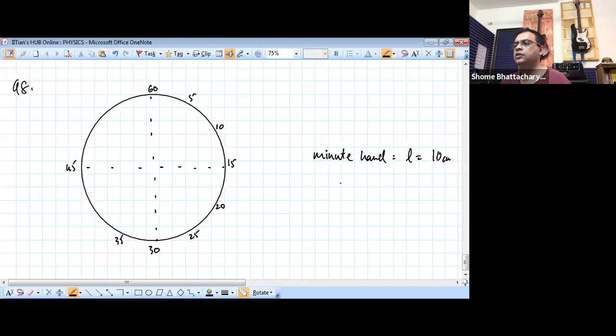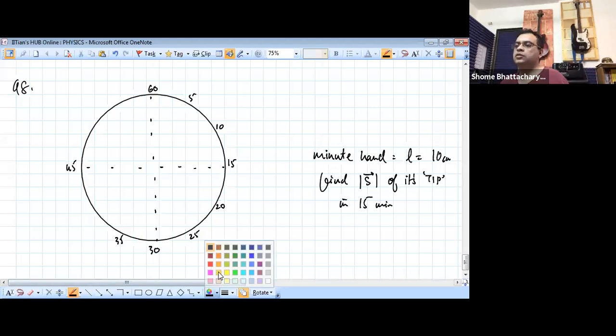We have to find the displacement of its tip, the magnitude of the displacement of its tip in 15 minutes. Okay. So let's say my minute hand is this particular thing that I'm drawing. At some point of time, it's somewhere. Okay, let's say this is the minute hand and this is the hour hand, let us say.